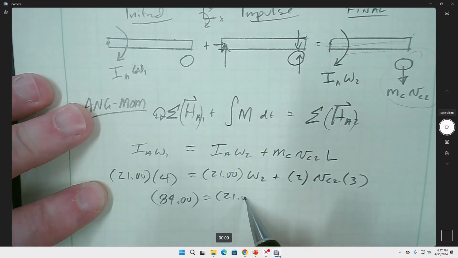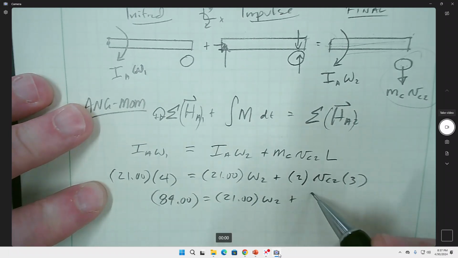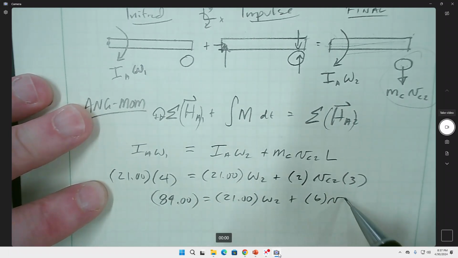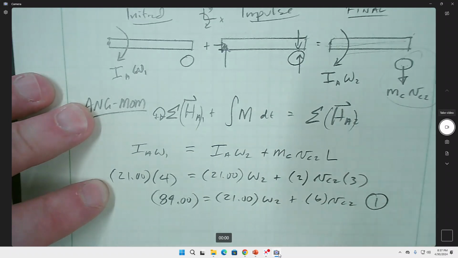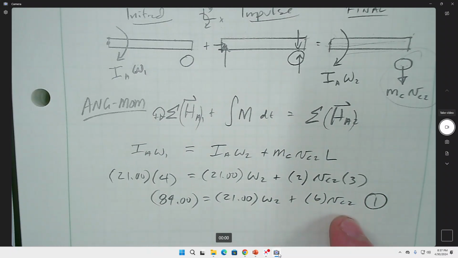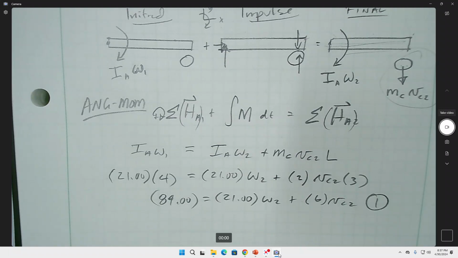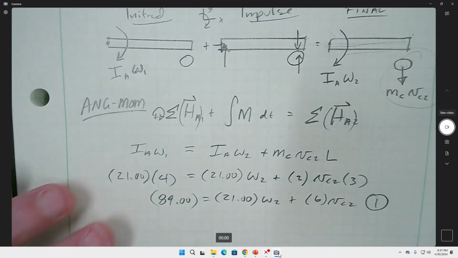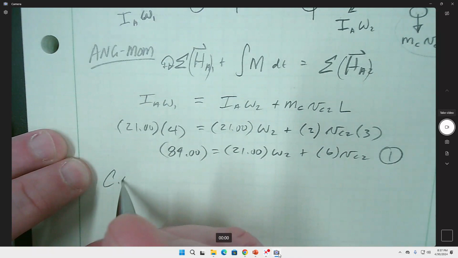And 21.00 omega 2 plus 6 V_C2, and we're kind of stuck. We need to connect these two things together, but the real thing that we're going to add into it is the coefficient of restitution.